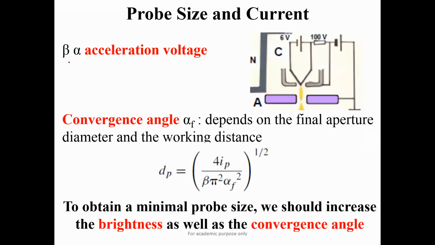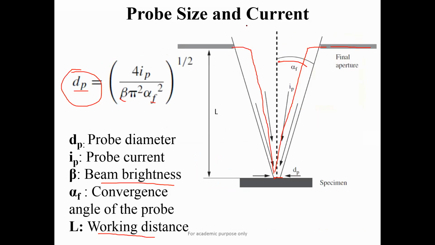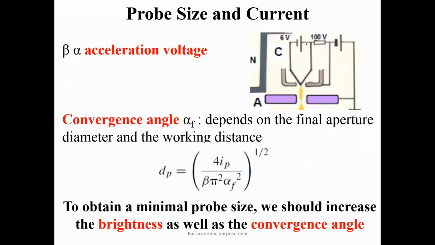If we have a short probe size, we will have better resolution. That's why alpha depends upon the final aperture diameter. Just now I explained, this is the diameter of the final aperture. If it goes smaller and smaller, we will get a smaller convergence angle of the probe, and hence better resolution.